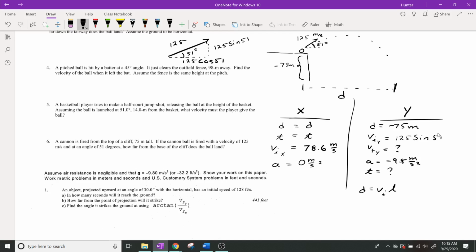Distance equals VIT plus 1/2 AT squared. We have all those numbers, right? So I think we're okay.